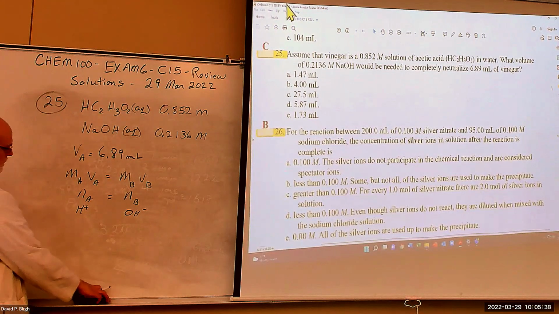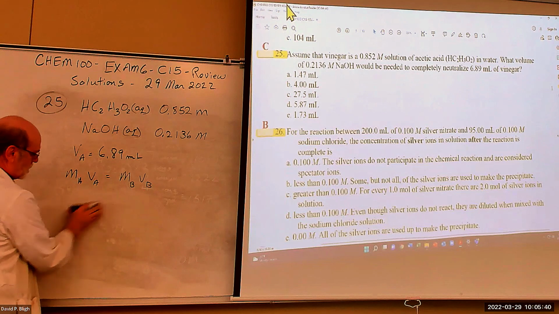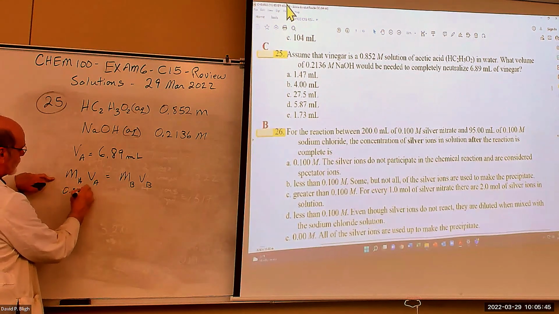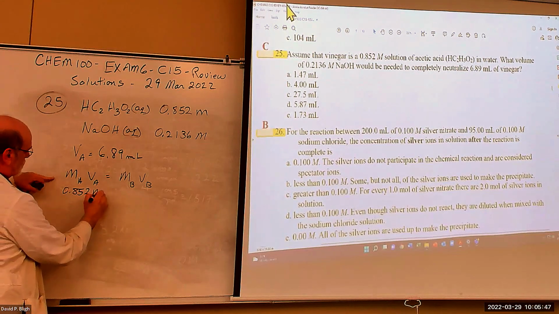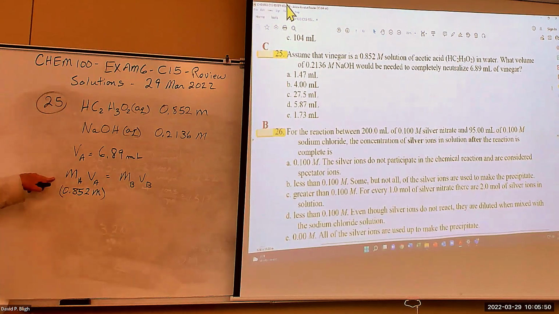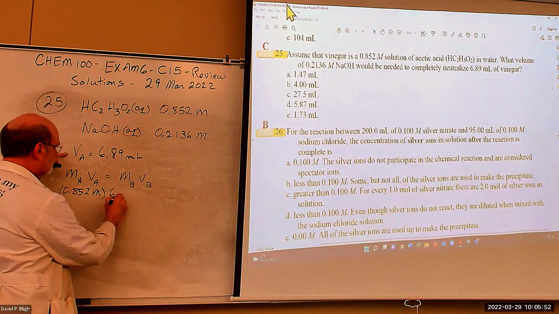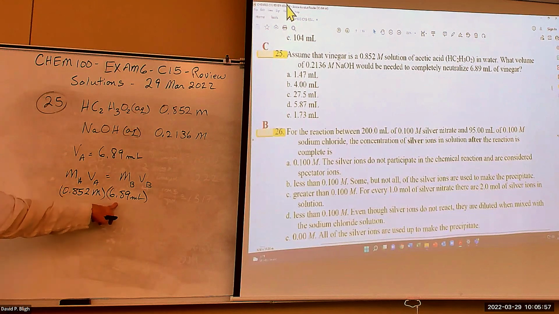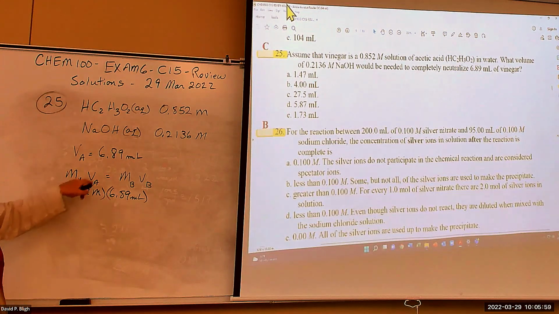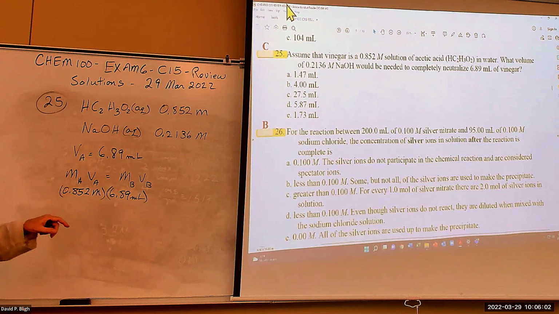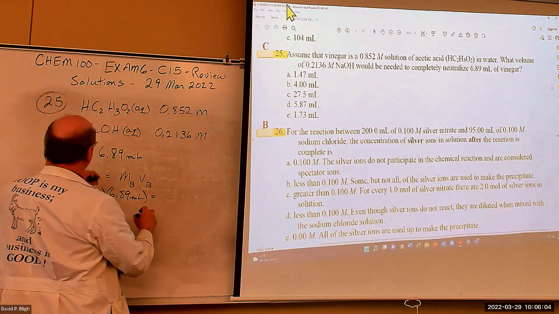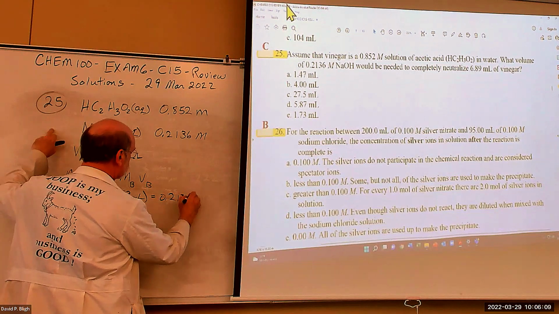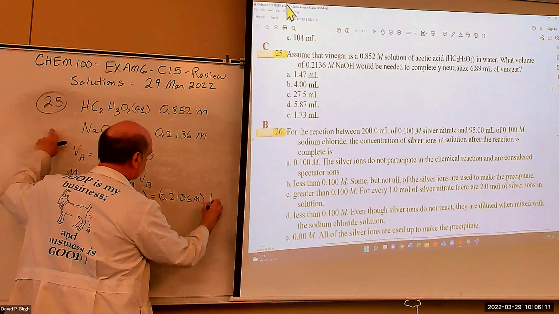All right. So this is the formula we're going to use. Molarity of the acid, 0.852. Volume of the acid, 6.89 milliliters. And notice I don't have to change milliliters because this is a ratio where the milliliters will cancel. And the molarity of the base is 0.2136 times the volume of the base.